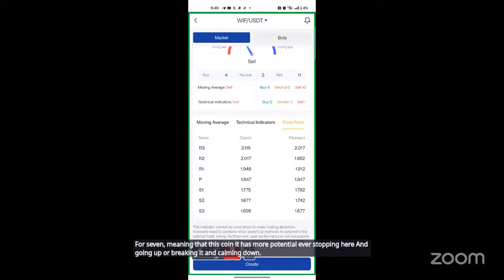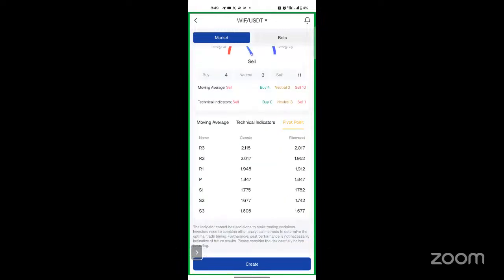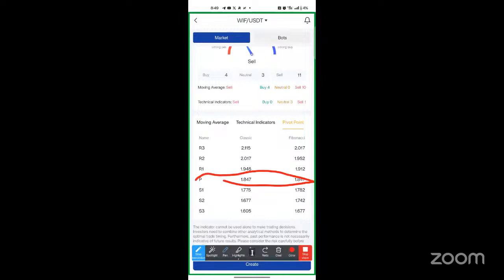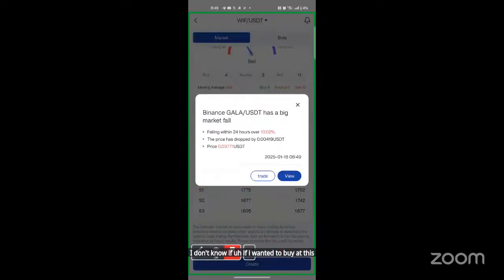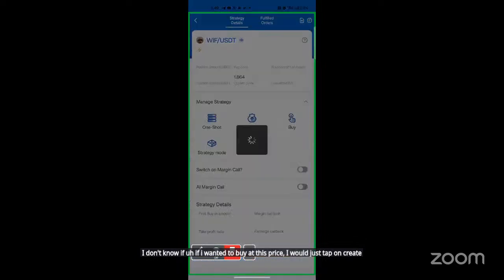But if I'm good at opening margin calls, will I care? No. If I wanted to buy at this exact price, I will just tap on create again.